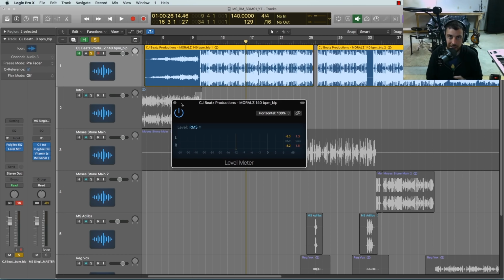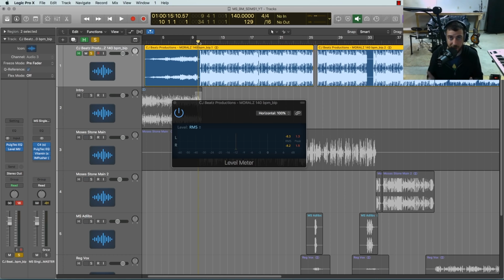Your vocal is not going to be louder than the beat in terms of RMS. Very rarely. The only time that I can recall would be if the beat didn't have drums, because the kick and the snare are going to be the loudest elements. In terms of RMS, those dynamics and transients are going to be very loud in the mix, and that's going to be the loudest aspect.